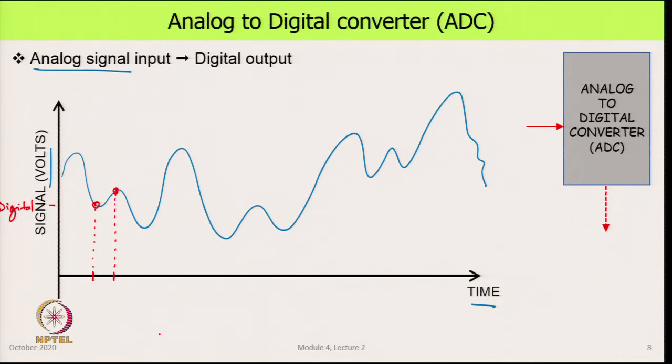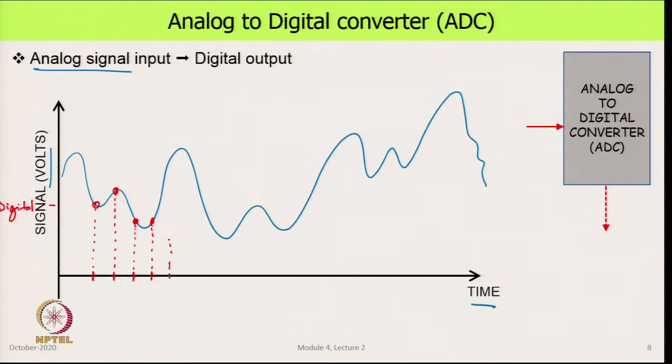Now, we have this signal strength, we digitize it and store it. Then again after that much time, we take another time instant, see what is the signal there, digitize it, store it. So, this thing continues at a regular time interval, and this signal will continuously keep getting converted. So, that is what the digital system does.